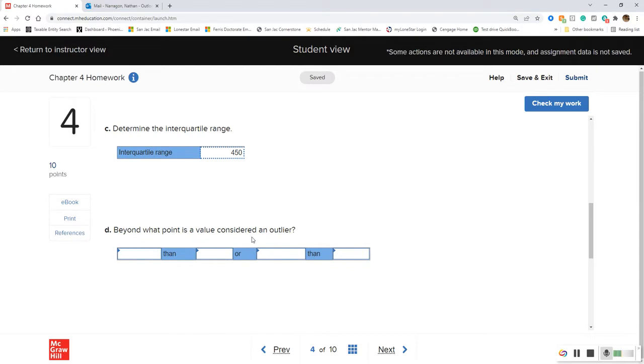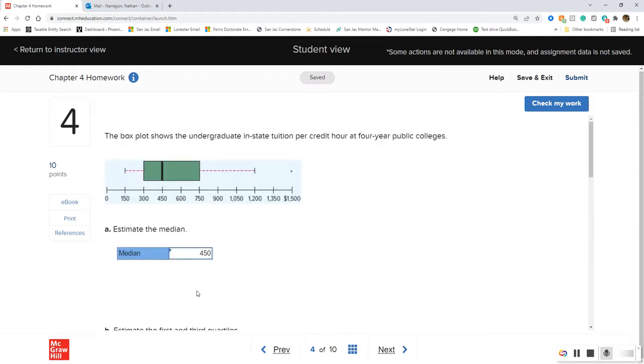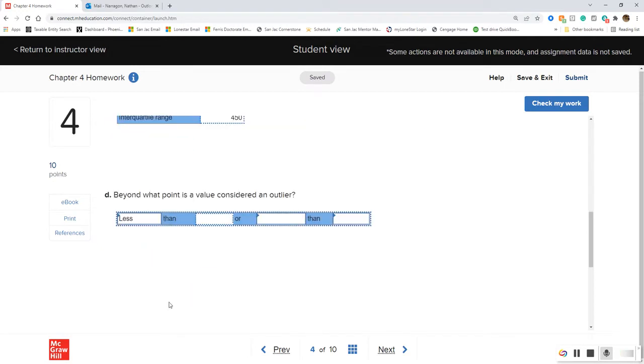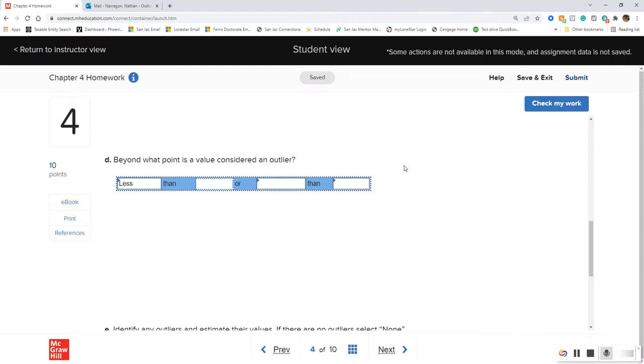All right. Beyond what point is a value considered an outlier? Okay. So, it should be less than 300 minus 450.